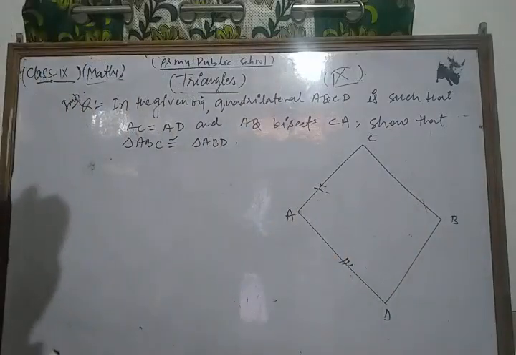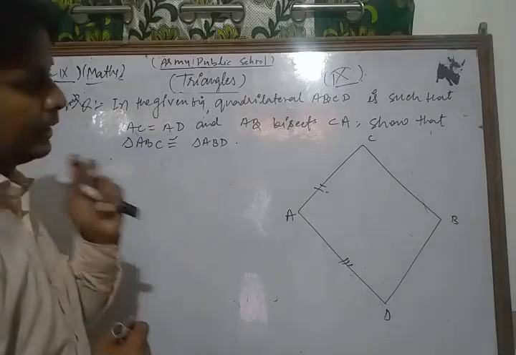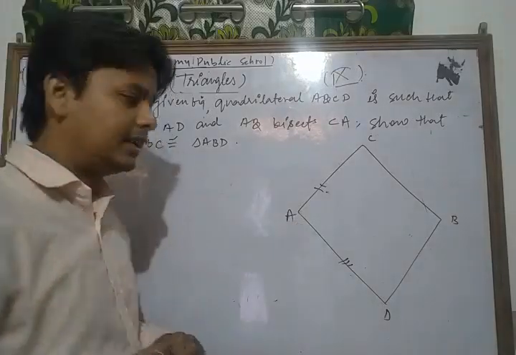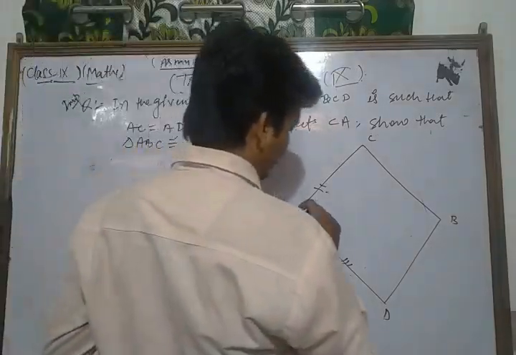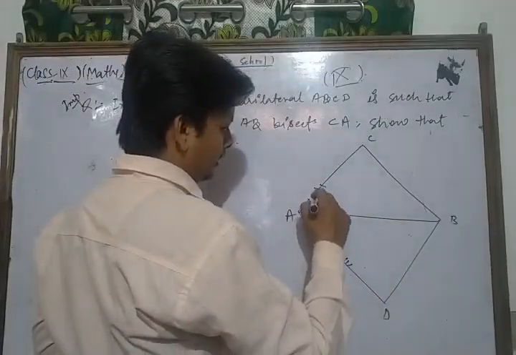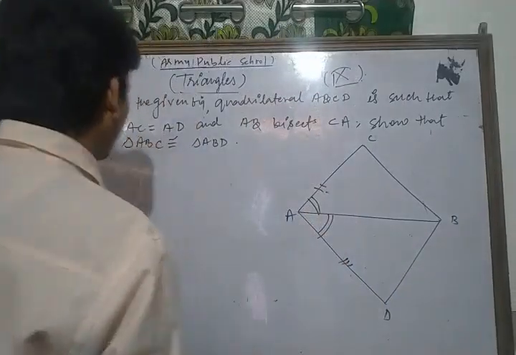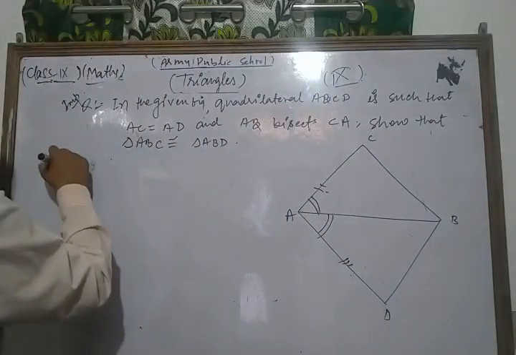And AB bisects angle A, meaning that this angle is equal to that one. Now let's see its solution.